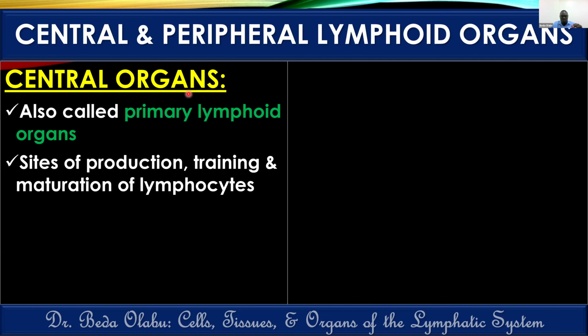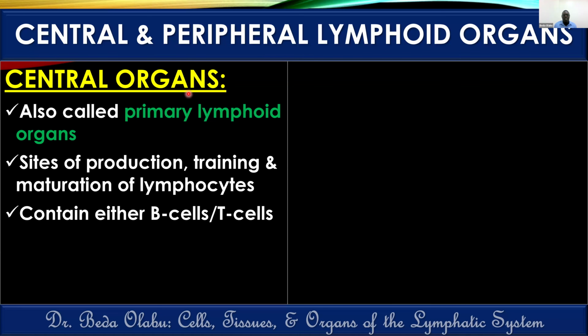So it's a site of production, it's a site of schooling, the site of maturation of the lymphocytes. Generally speaking, the central lymphoid organs will have either the B cells or the T cells. Usually, there'll be territories where it's just a B cell territory or territory where there's a T cell territory.